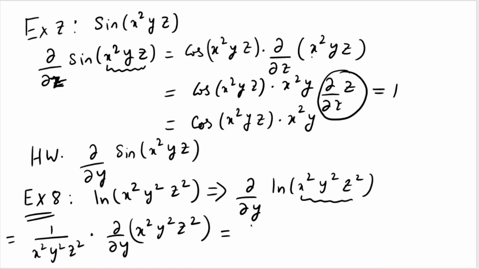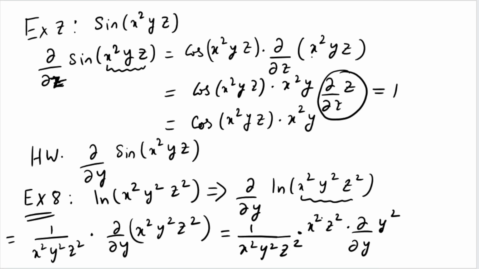Therefore, we can write it as 1 over x square y square z square times x square z square, partial derivative with respect to this.